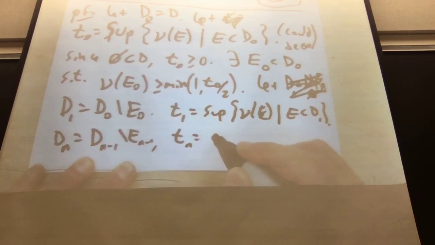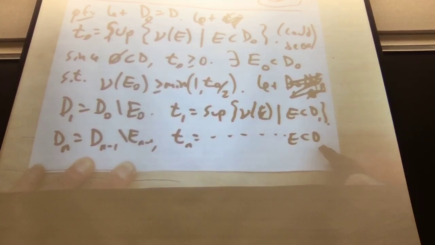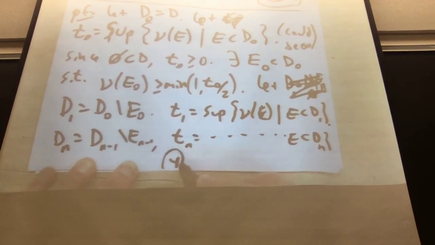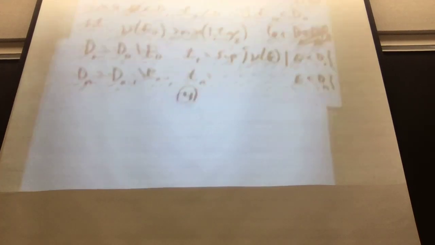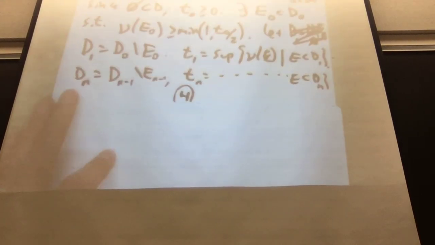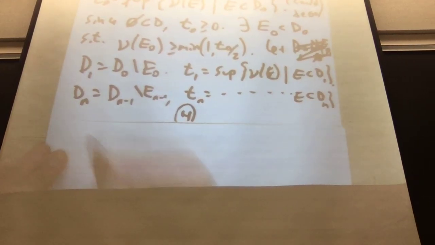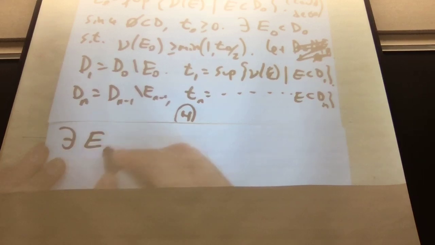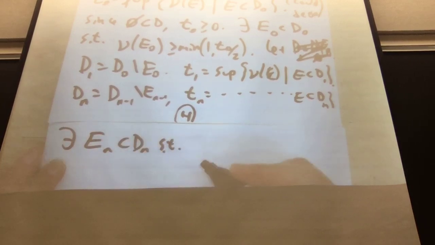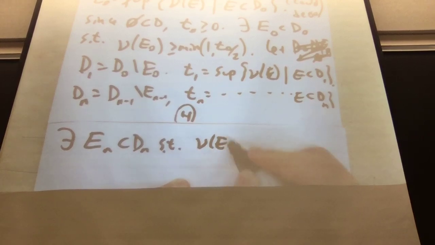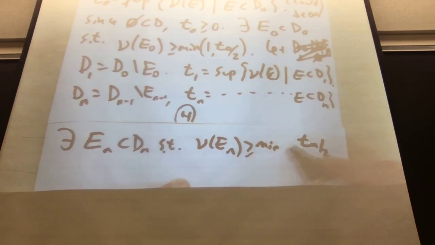And then Tn will be the largest that we haven't taken away yet. And then what do I want to take away? Can you see that? So what I want to take away, there exists some set En, subset of Dn, such that its nu measure is at least Tn over 2, and well, if that's huge, then just chop it at 1, just to keep it finite.